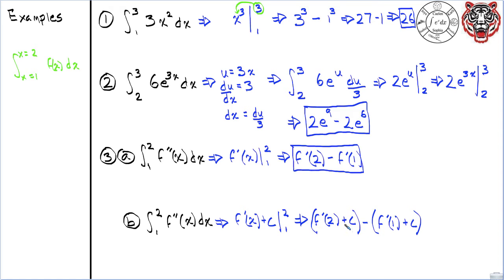And notice, if I simplify this, this is going to turn into f prime of 2 plus c, minus f prime of 1 minus c. This negative is distributed into each of these terms. This is going to be c minus c, which is 0. There's no c term. This is just f prime of 2 minus f prime of 1. Same thing. So that's why we don't write the plus c.